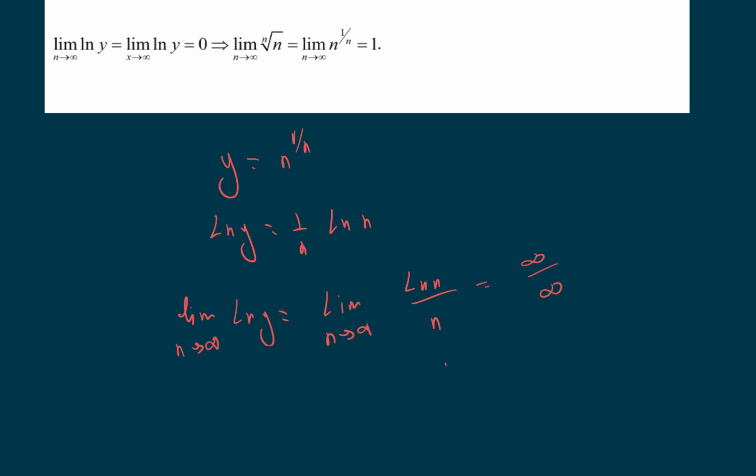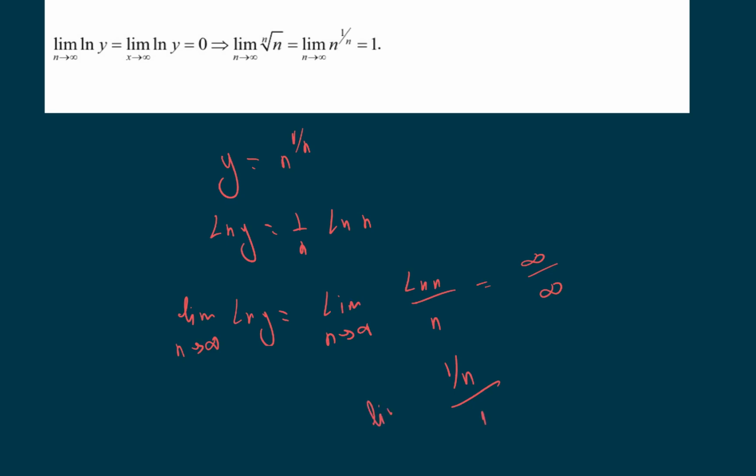The derivative of the numerator, natural log of n, is 1 divided by n. The derivative with respect to n of the denominator will be 1.